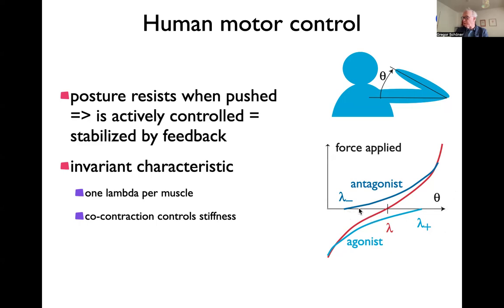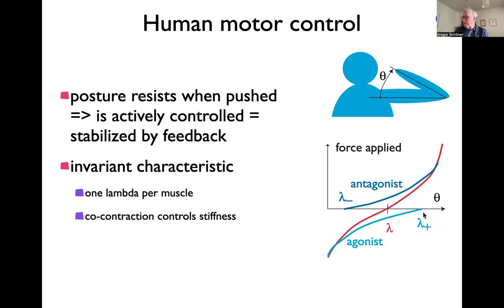So for instance, if your antagonist here, let's say that flexes the muscle that resists a movement, that would create more and more force if you extend it from its desired length. This would be its desired length of the muscle that translates into its desired joint angle.